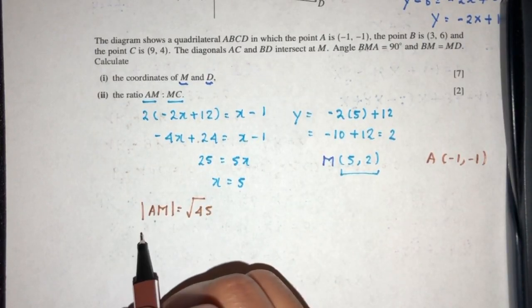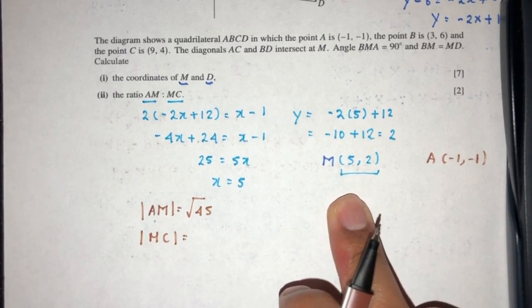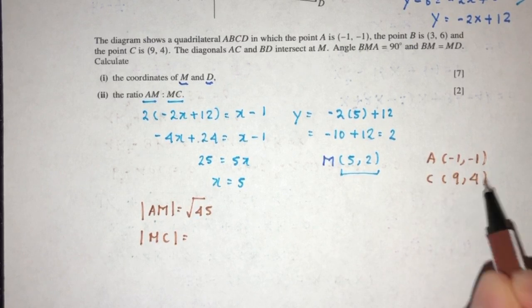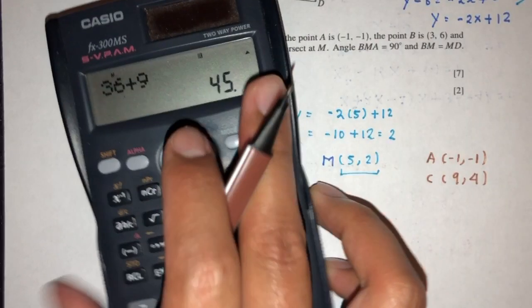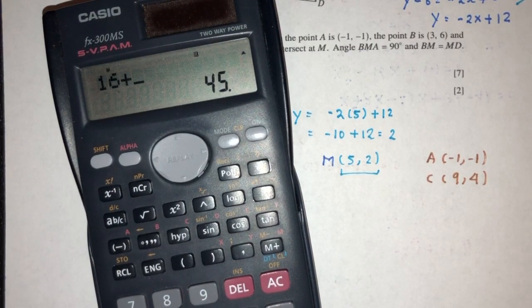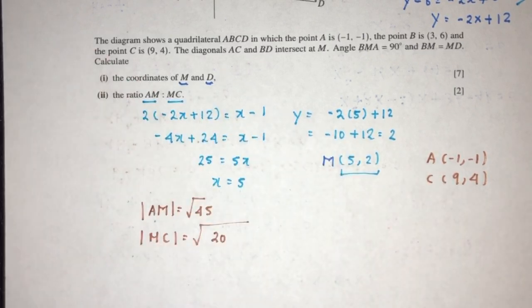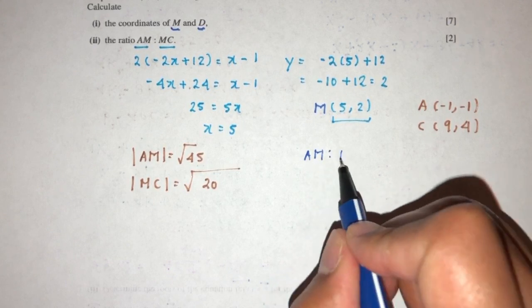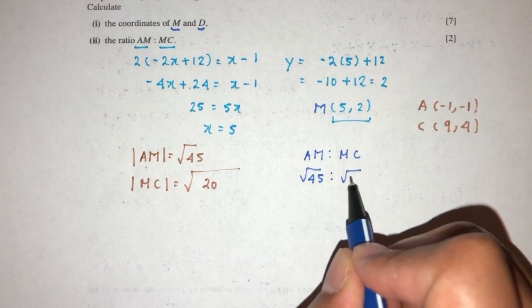What is the length of MC? We know the point M, we know the point C. C is the point (9, 4). Root of this minus this will be 4 squared, 16, plus 4. That should be 20. So the ratio of AM against MC is root of 45 to root of 20.